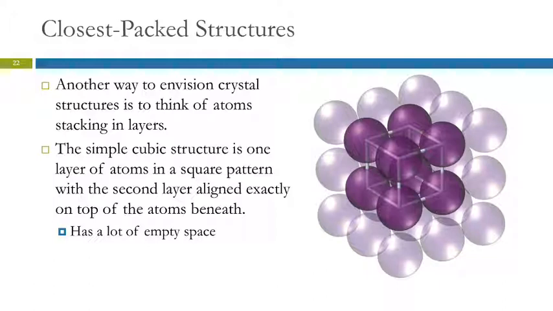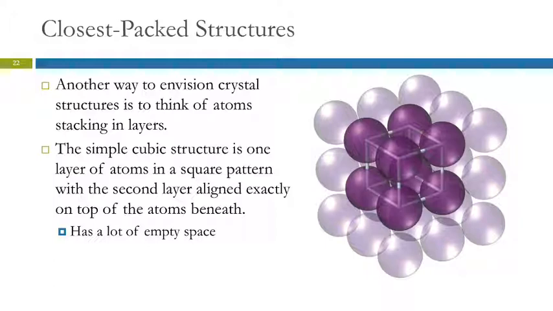Another way to look at these crystal structures is to think about stacking the atoms in layers. So you can imagine taking a box and putting oranges in the box, right? You arrange one layer and then you put the next layer on top. And there's different ways that you can pack them in. There's one way that they're going to want to go in, but there are other ways that you can make them stack.